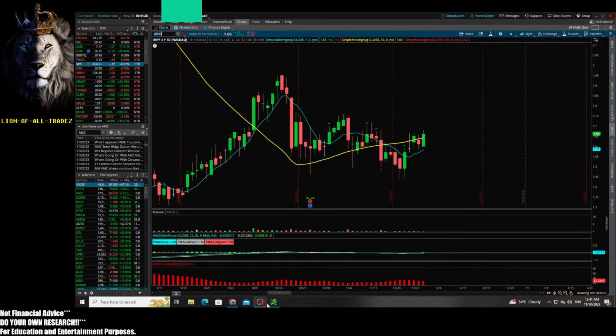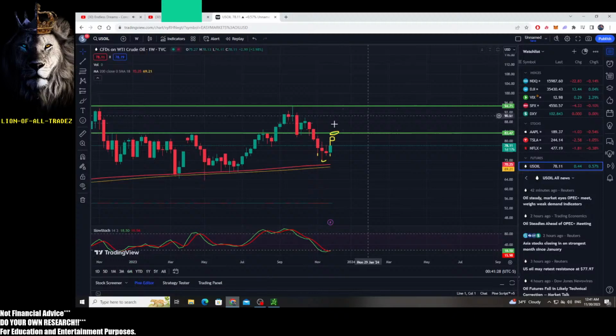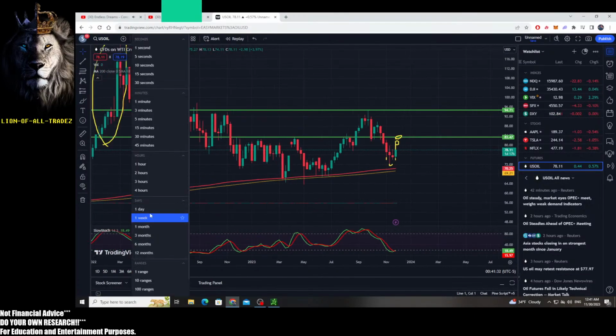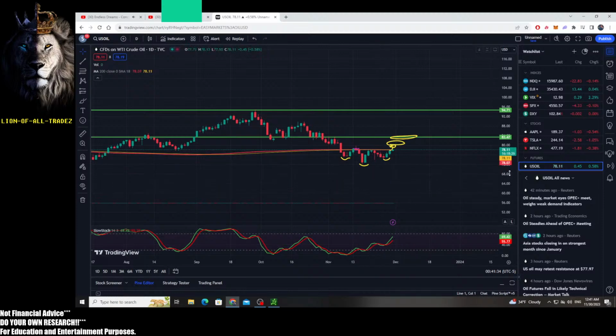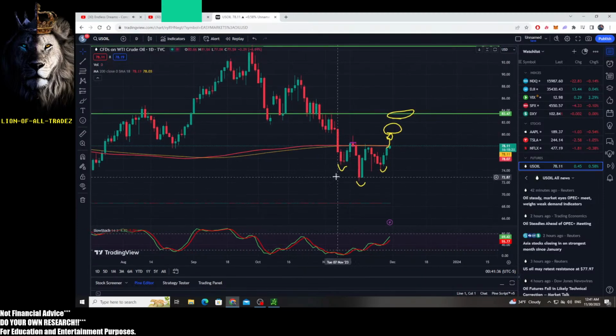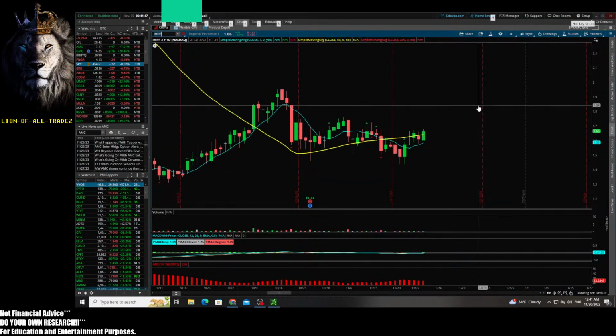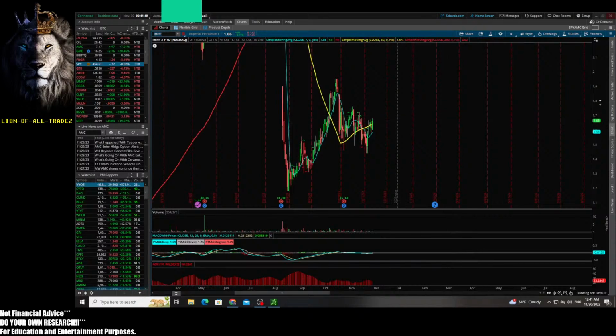But also looking at oil, I'll go on a daily. We had this inverse head and shoulders pattern. So I feel like perhaps in some way this is kind of correlated.